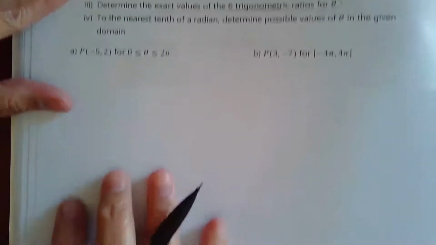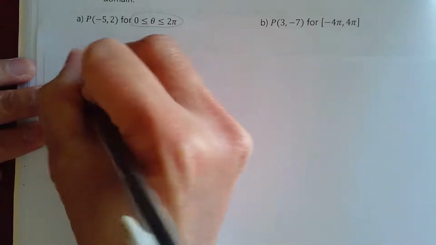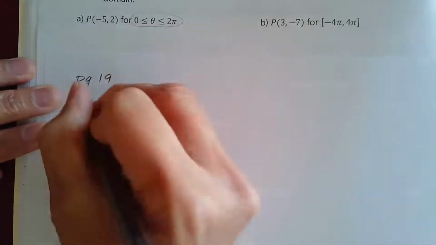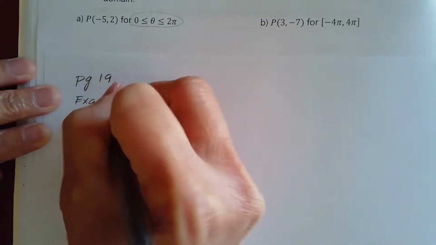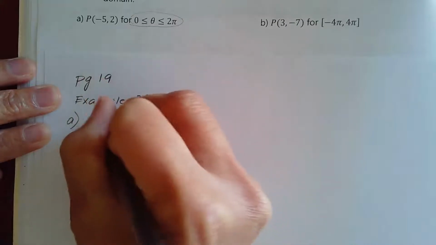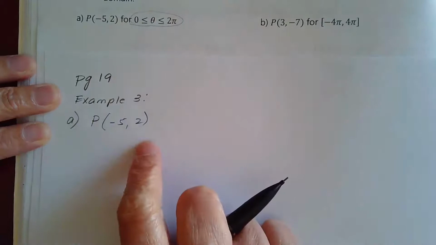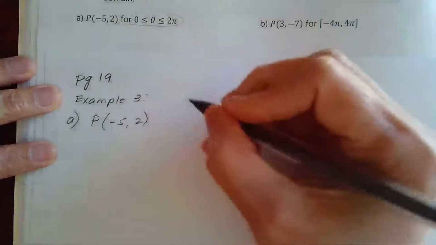Okay, so this is page 19, example 3. Letter A. Given the point negative 5, 2. Well, let's visualize where negative 5, 2 is.